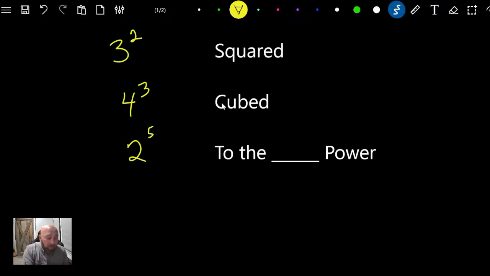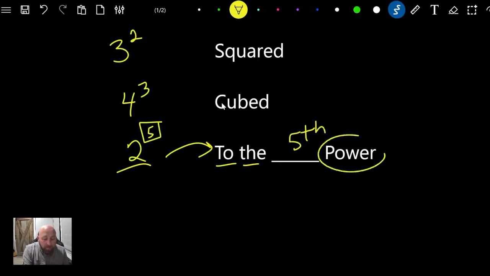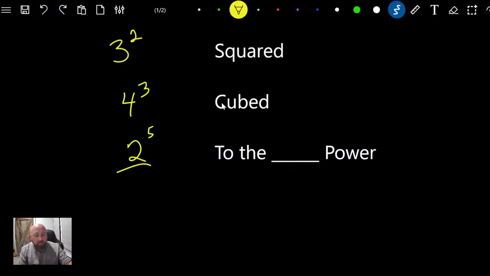You would say 2, and then you would read this: to the 5th power. 2 to the 5th power is how you would say that. Let's do another one. Let's say 2 with a little 7 right here. You would say 2 to the 7th power.